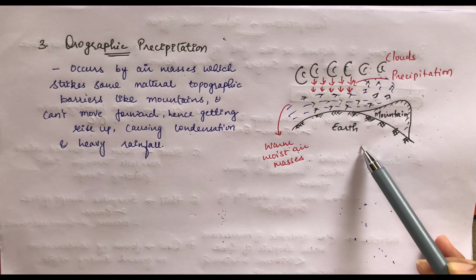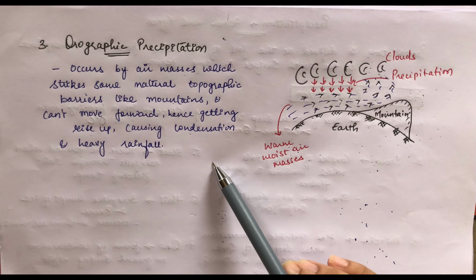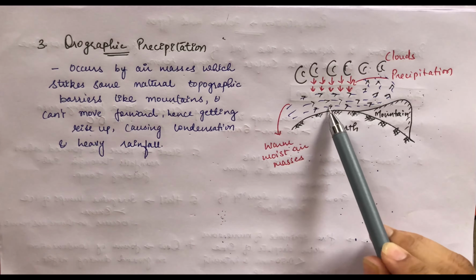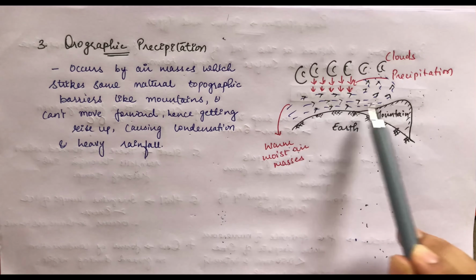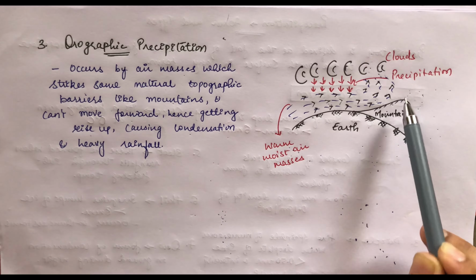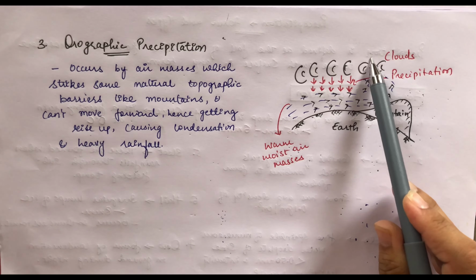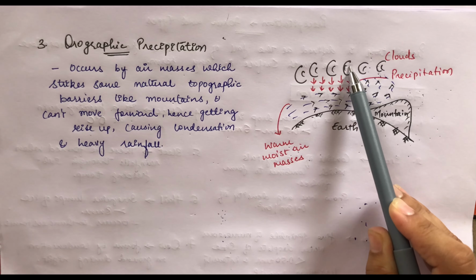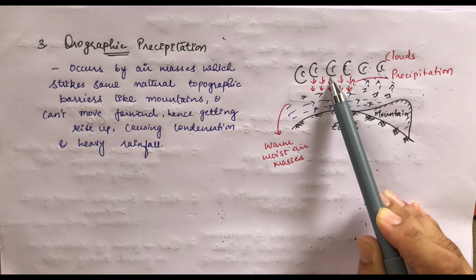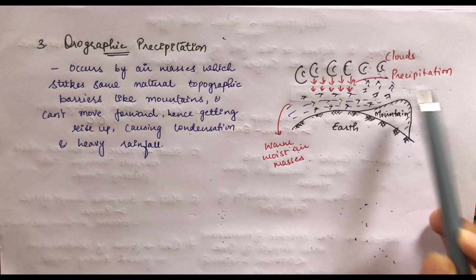And the third type of precipitation is orographic precipitation, which occurs when the warm moist air masses strike some mountainous regions, as a result of which they can't move forward and lift to a higher altitude, forming clouds and then resulting in rainfall. Thank you.